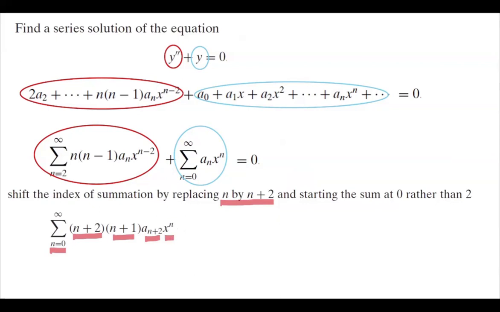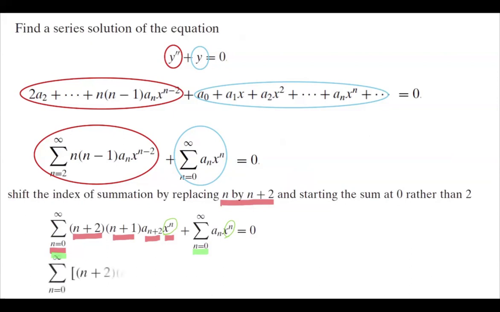You copy down the second series as it is. Now that your series have the exact same starting point, and your x has the same exponent n, you're allowed to combine these two power series. These are basically polynomials that you try to combine together.